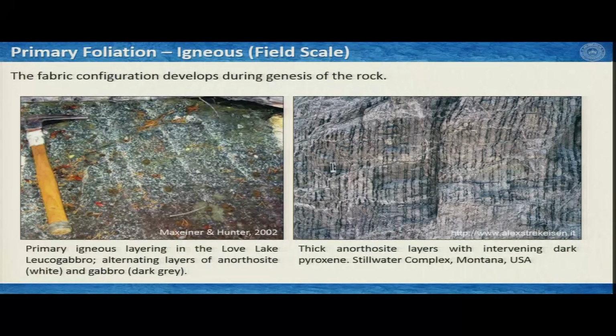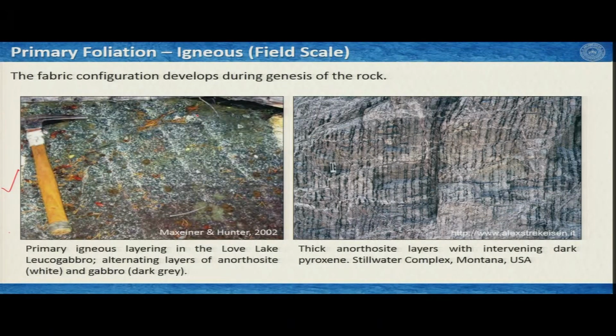Okay. Here you see two images. This is primary foliation, igneous, at field scale. The first image that you see here is an image of a leucogabbro. This field photograph reveals alternating layers of anorthosite and gabbro.